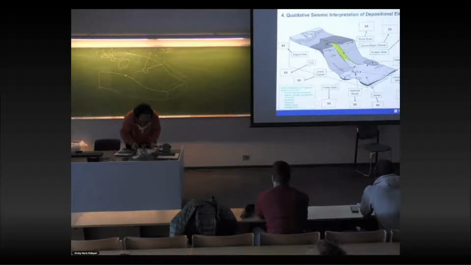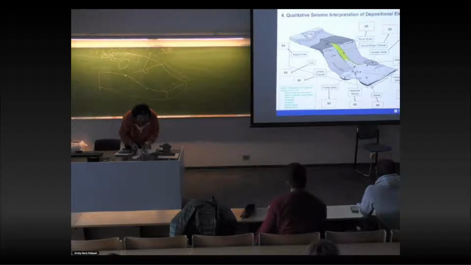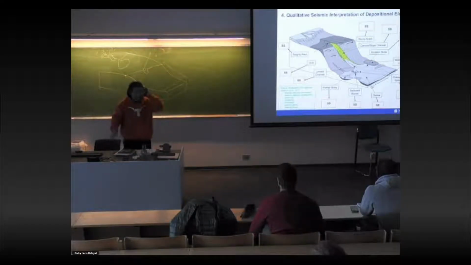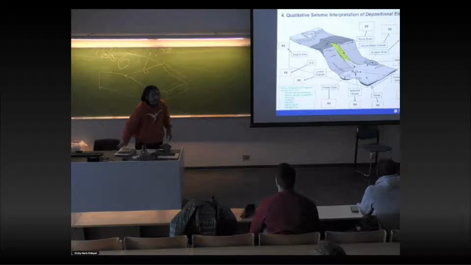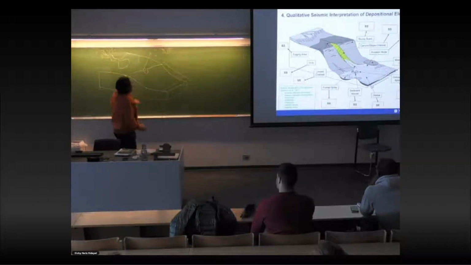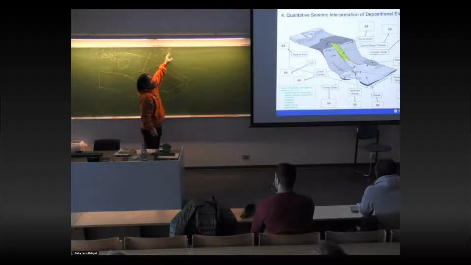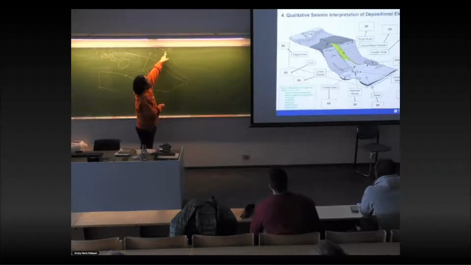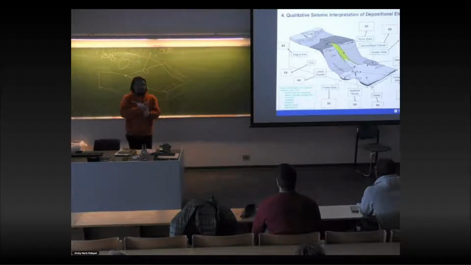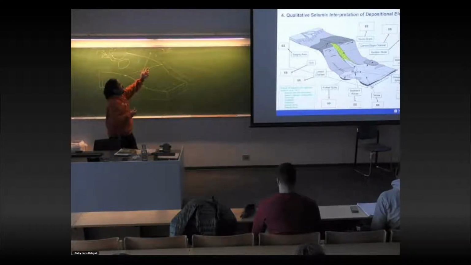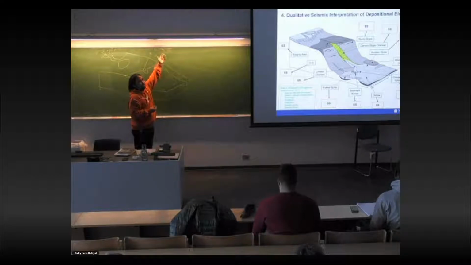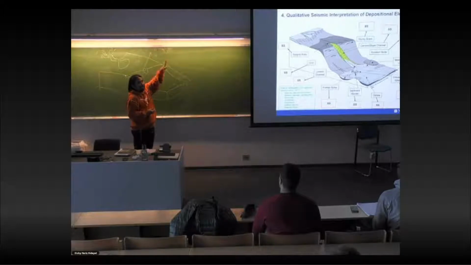Any idea of the reflection configuration? Oh, you mean inside? No, I mean for the canyon fill, it can be anything. It depends on the sedimentary source. If you have a source from the river, for instance, and then deposited there, then you can have a grain. But if you have a pelagic mud, it's just low amplitude, for instance.